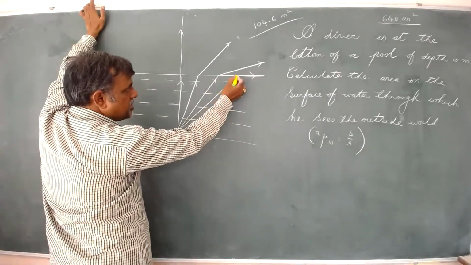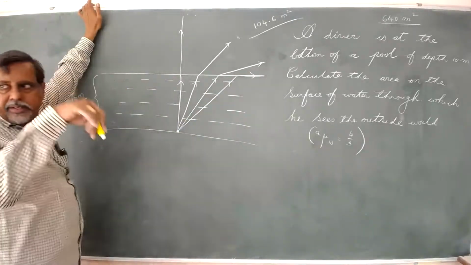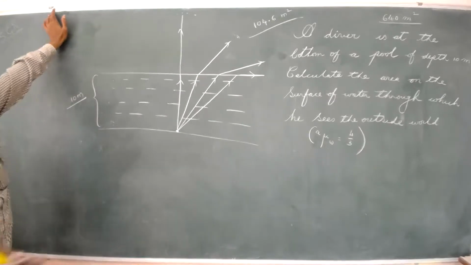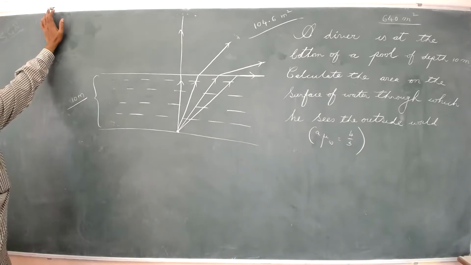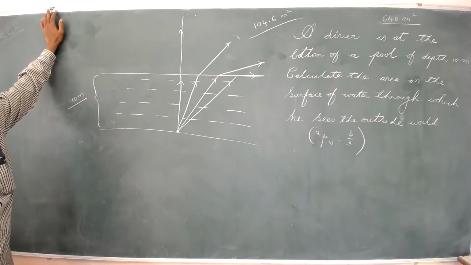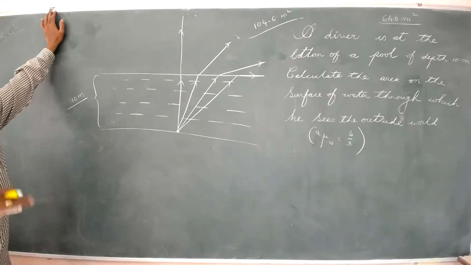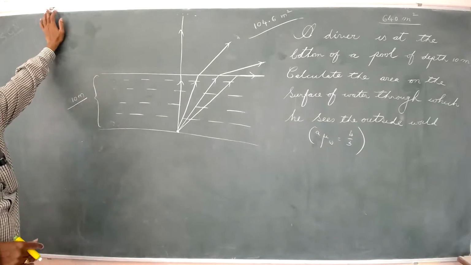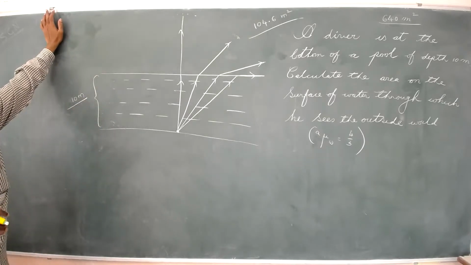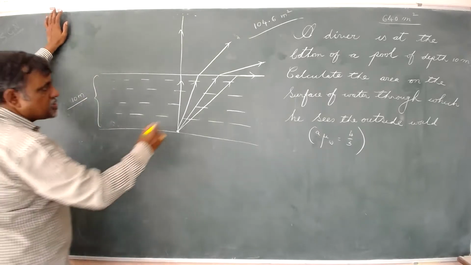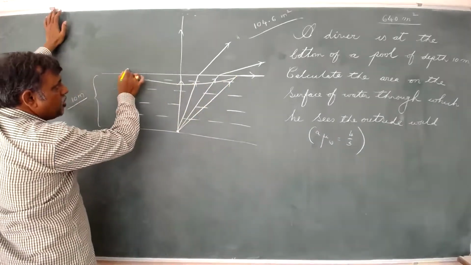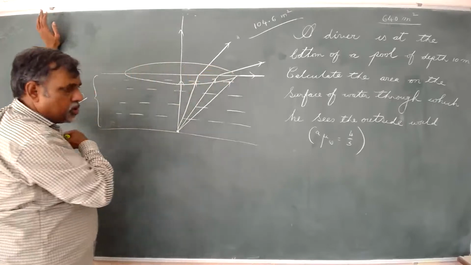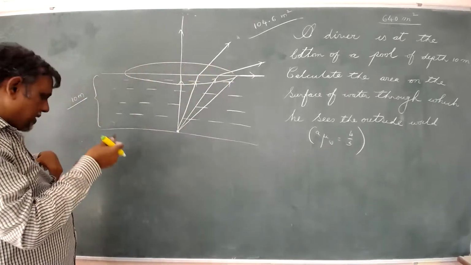The rays beyond that are not seen. In that way, you will be just getting a circular patch over here.